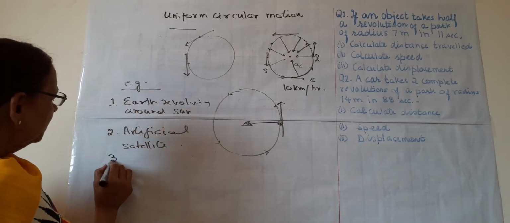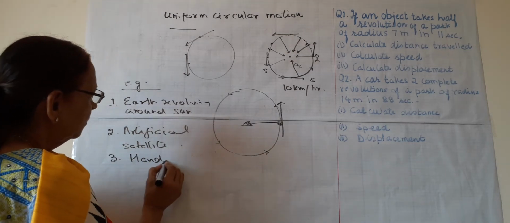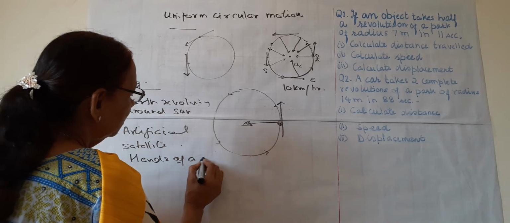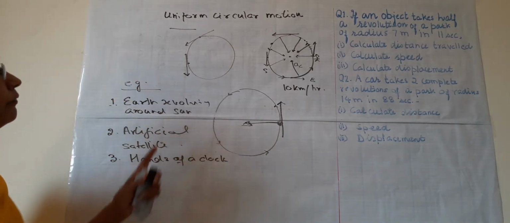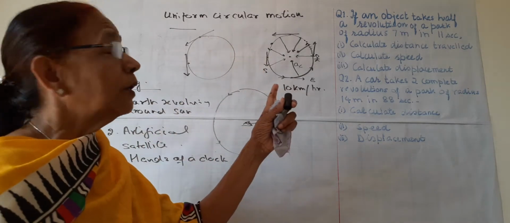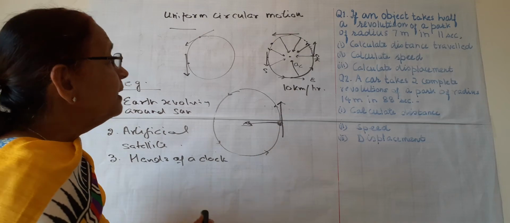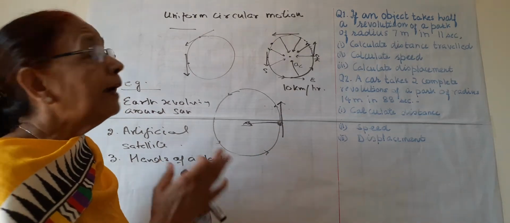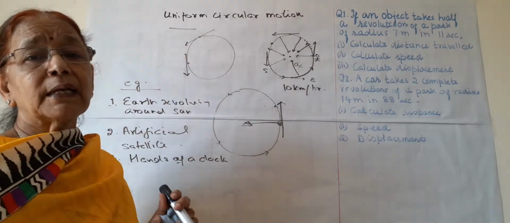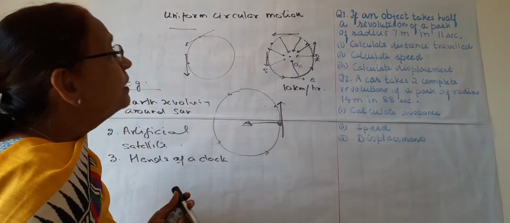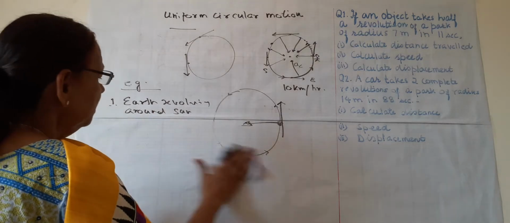The very common, simple example is hands of a clock. This is also an example of uniform circular motion. The speed is constant, but velocity is changing at every moment. At every point of the circle, velocity is changing. So this is about uniform circular motion.